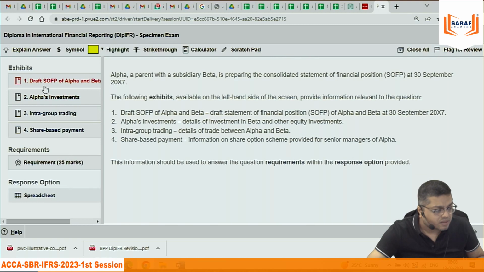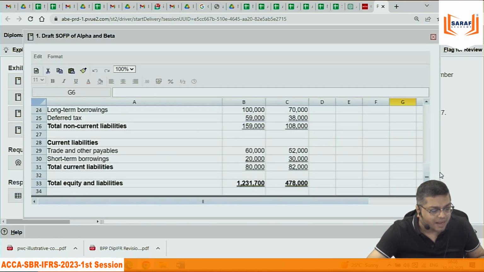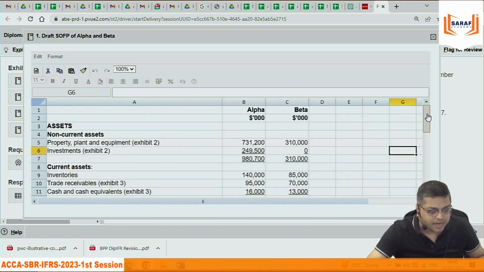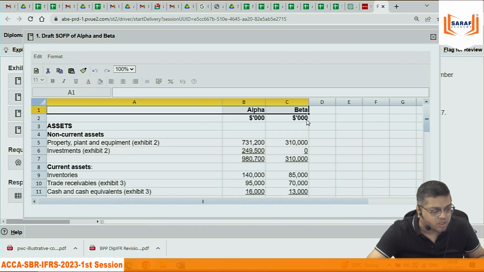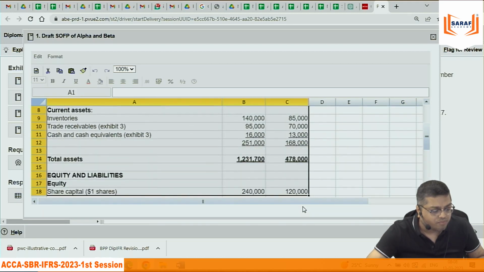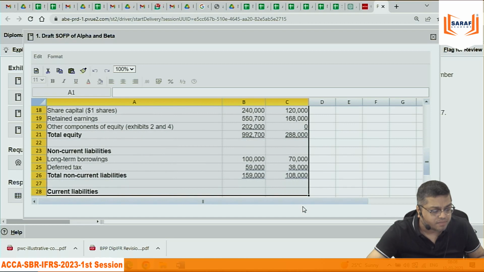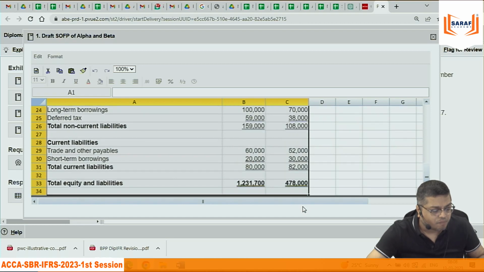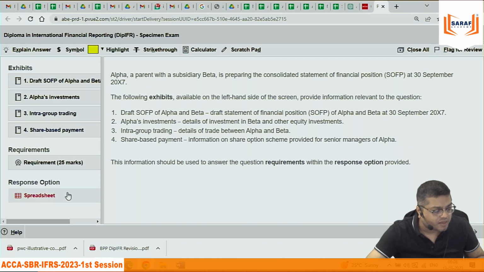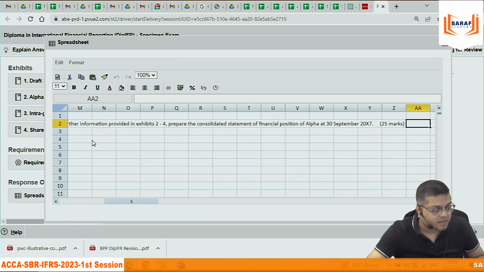Now, obviously, when we prepare the consolidated balance sheet, it means combining both the totals. So we have copied from here, from the question I have copied and pasted in the spreadsheet.